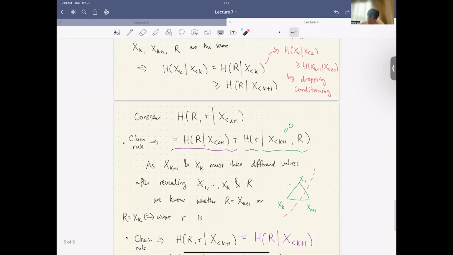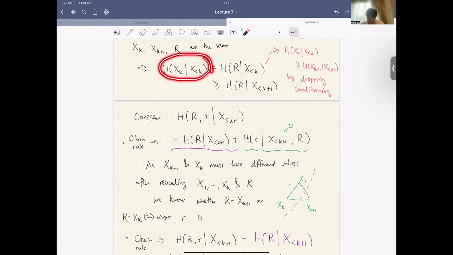And then this conditional entropy, R less than k minus 1. This itself is less than the conditional entropy of xk given the previous ones.